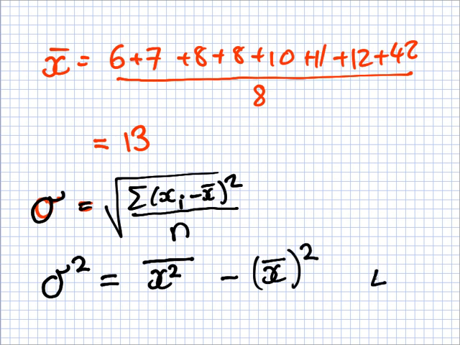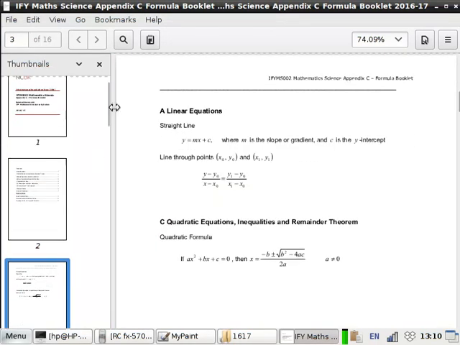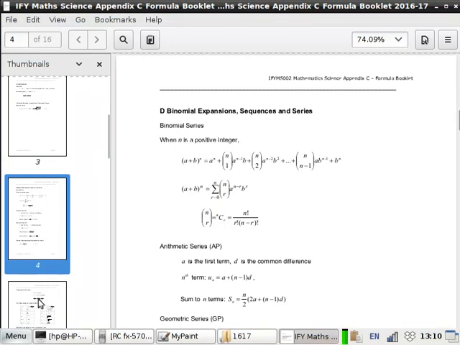Now this one here I think is a little bit easier to use than this one, although both will give you the same answer. I'm going to show you how to use this one, and I wonder actually what they have in the formula book. Let's see. What page is statistics?